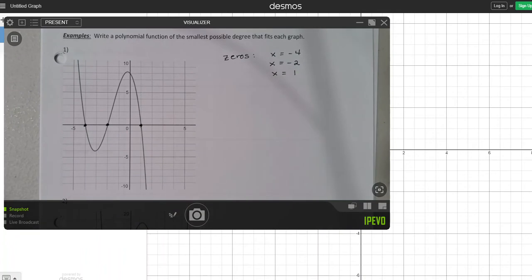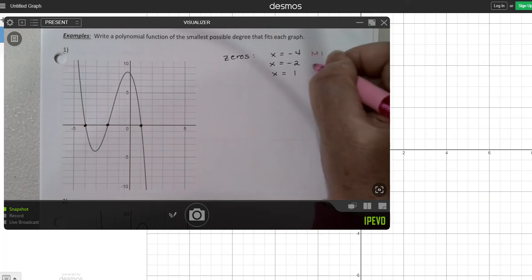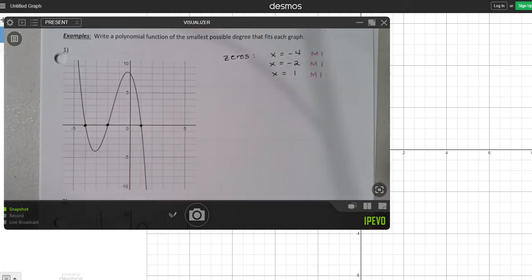The graph definitely cuts through the x-axis at all of those points, so I would anticipate that those would all have multiplicity 1. Right, the smallest possible multiplicity for cutting through, and I don't see that little wave that might indicate it's something bigger, so we'll stick with 1.